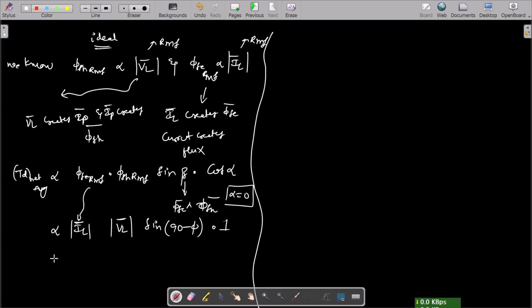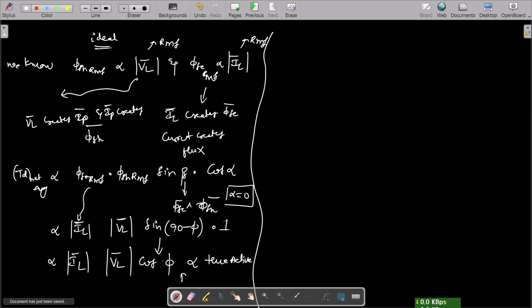Now this can be written as IL and VL, and sin of 90 minus phi can be written as cos phi, which will be proportional to the true active power in the load.